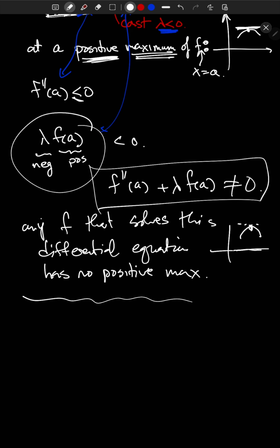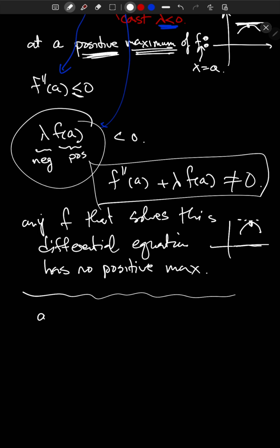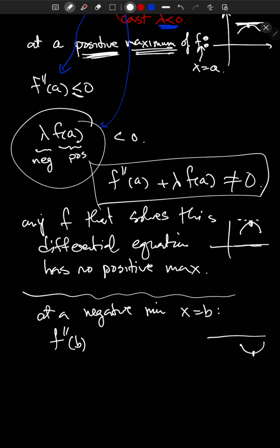On the other hand, what about a negative min? At a negative min, let's say x equals b, what do we know? We know f double prime of b, so a negative min, so it would be a minimum underneath the x-axis, we know that f double prime has to be bigger than 0.